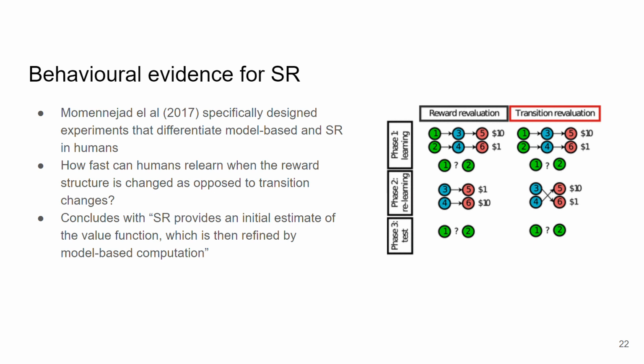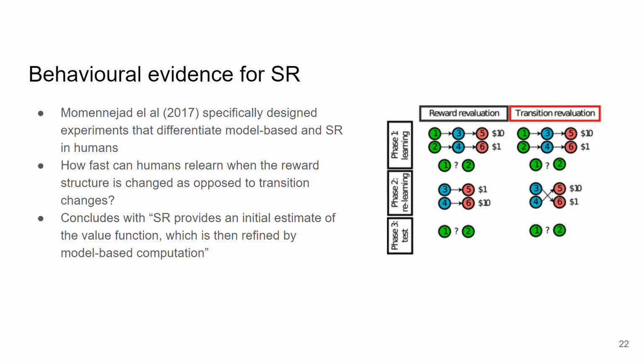Learning the rewards is the same in both cases, SR and model-based. What changes is how you're learning the transition dynamics. The SR compresses it into a matrix, whereas the model-based system learns it separately. It doesn't compress it.